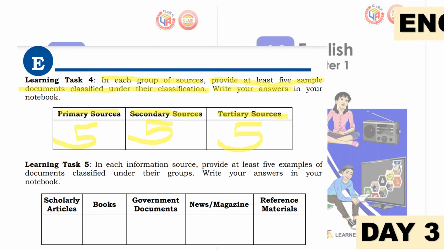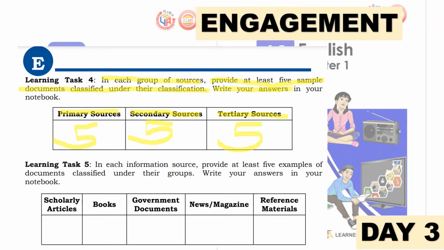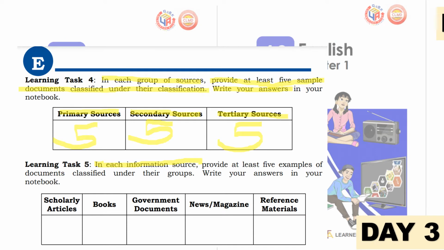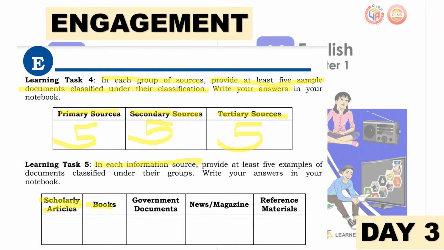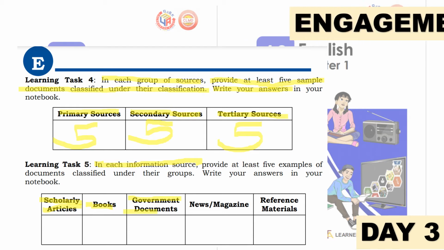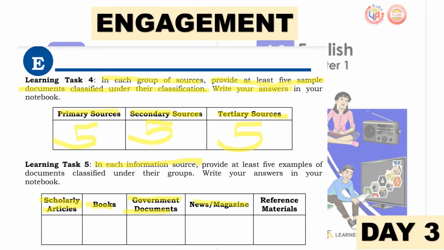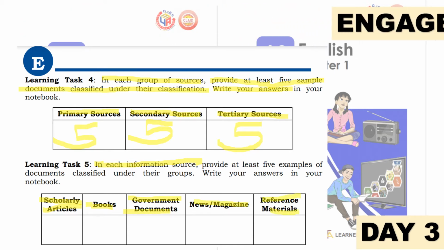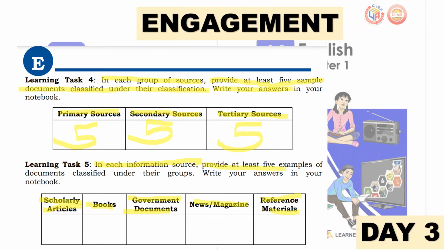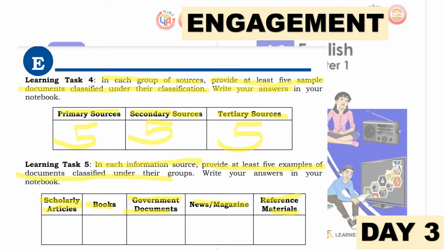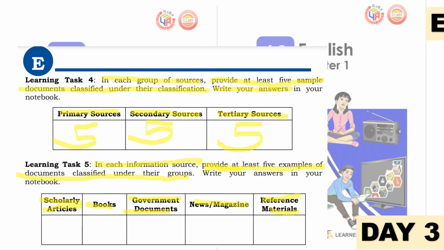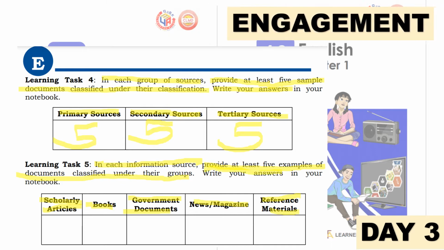Let's go with learning task 5. In each information source, we have scholarly articles, books, government documents, news and magazine, reference materials. Provide at least 5 examples of documents classified under their groups. Write your answers on your paper.